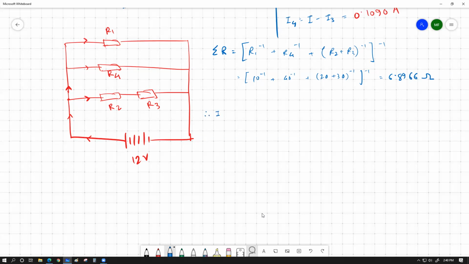So therefore, the main current of the circuit should be V divided by the total resistance, which is 12 divided by 6.8966. Did you get exactly 1.74?